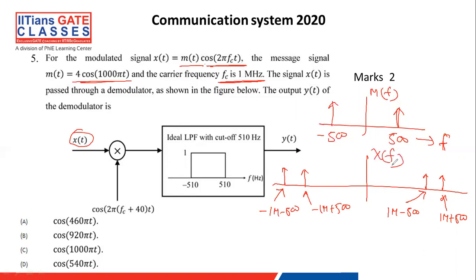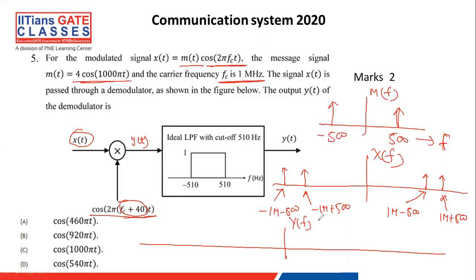So let's call it X of f. After that, again I am multiplying this signal with cos 2π(fc plus 40)t. So again this complete signal will shift left as well as right by this much frequency. So let's multiply this, and let's call this signal y(t), so Y of f.